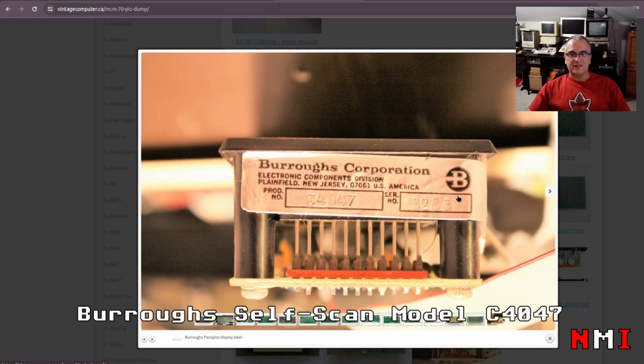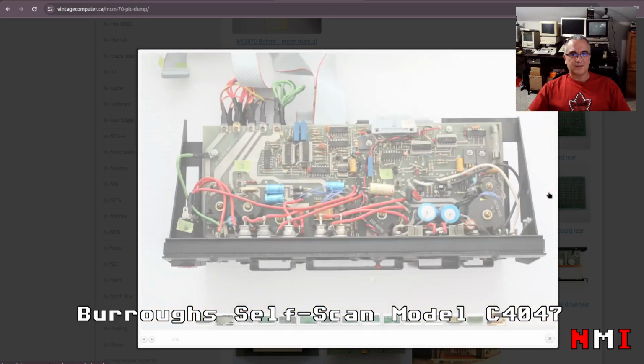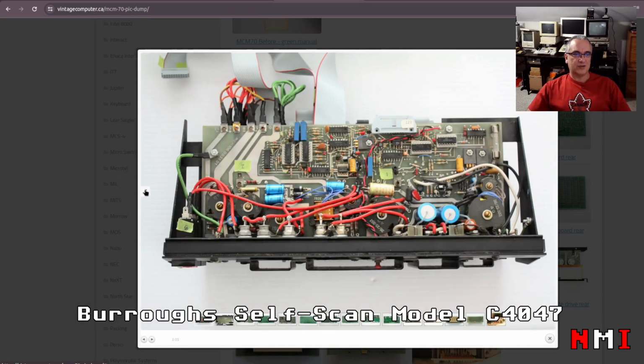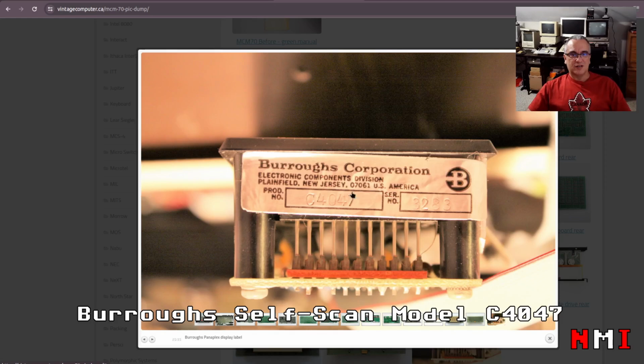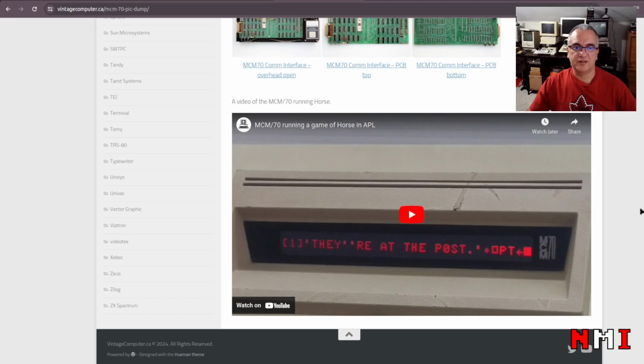Oh yeah, and this is the display. There's no other picture of the display, but this is a picture of the side of the plasma display. On this website there is a video of this MCM 70 that they own, and they type and test a horse game on the MCM.